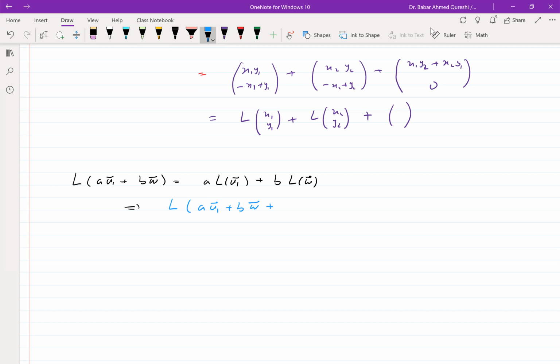Because if I take a third one, I have a V, a W, and let's say an X. I can think of this as one vector, because when I add two vectors, I do get a vector. So take it as one vector. Let's call it U. And if it's linear, then I know that it must split on these two vectors. So it splits like this because of linearity.